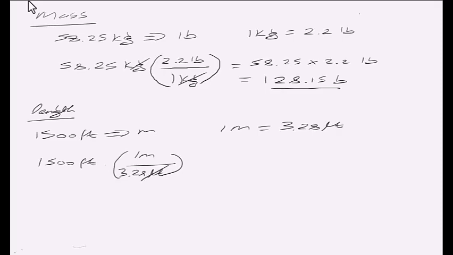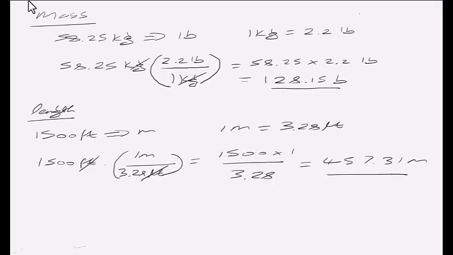This way the feet cancel, which is 1500 times by 1 divided by 3.28, which is equal to 457.31 meters. Nice and simple once again.